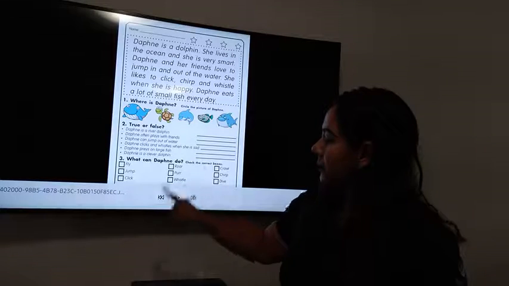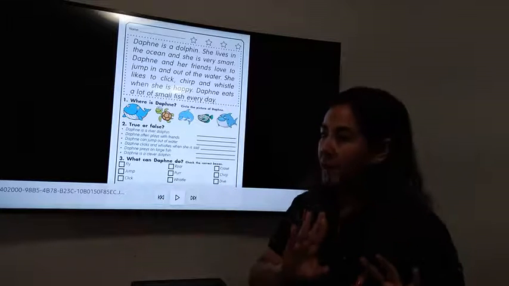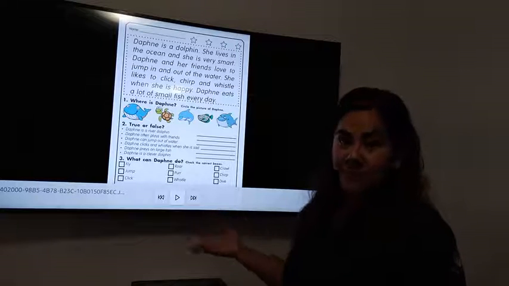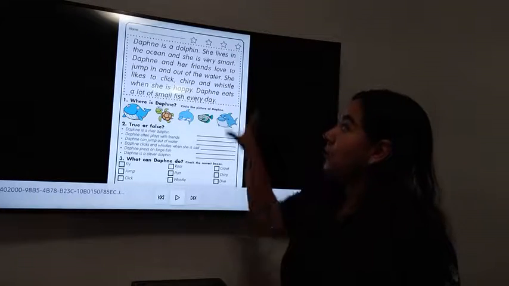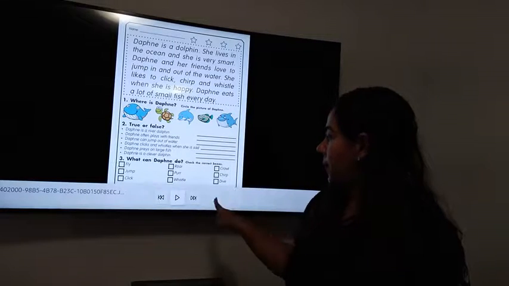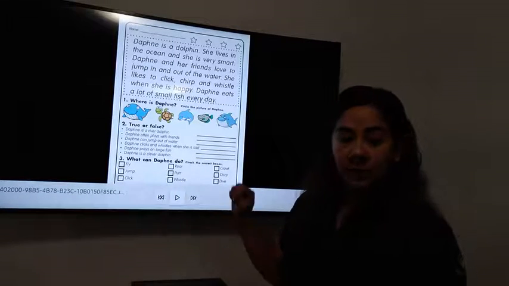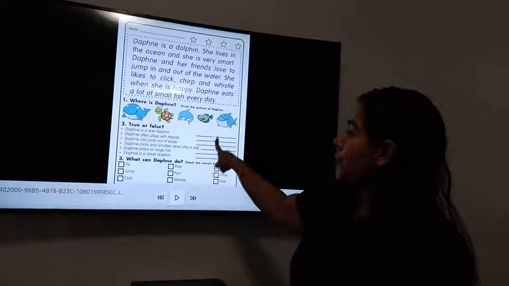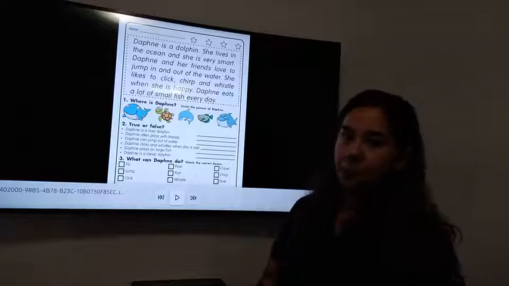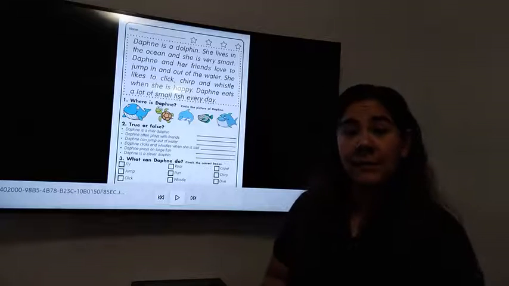And we have, once again, you cannot see it, but I promise it's there. The different things or types of food that she may like to eat. So you have to read the paragraph and circle the correct picture, and over here, circle the correct picture, write true or false, and check the actions that Daphne can do. Okay? So this is our activity for the week.